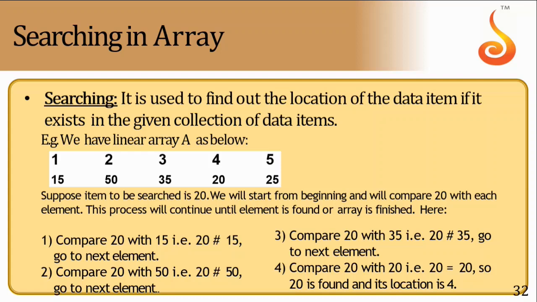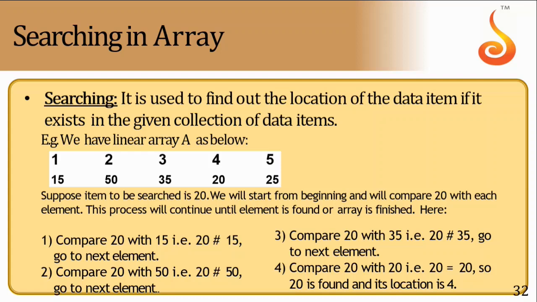Arranging the elements of a list in ascending or descending order is called sorting of an array or a list. So here you can see that 15, 50, 35, 20 and 25 are not arranged in any order. It is an unsorted list.